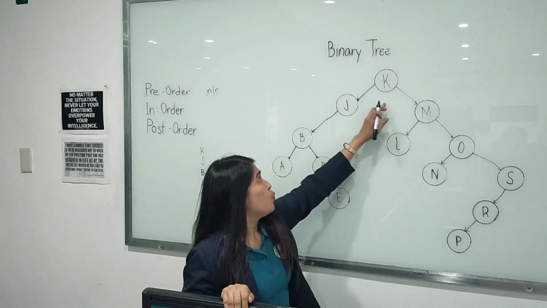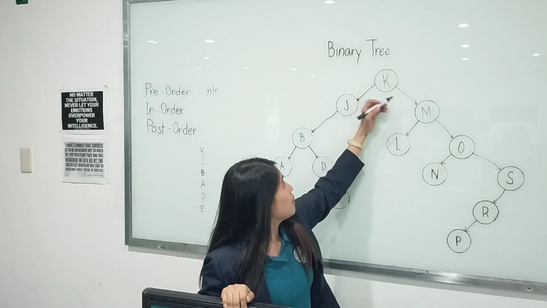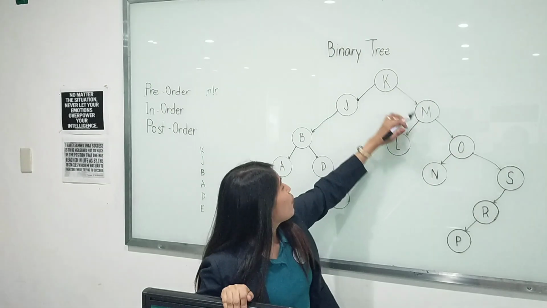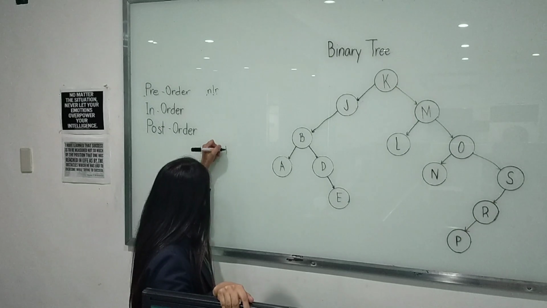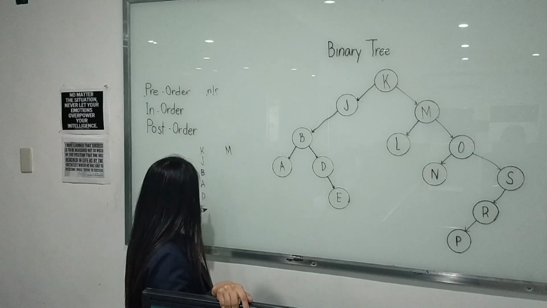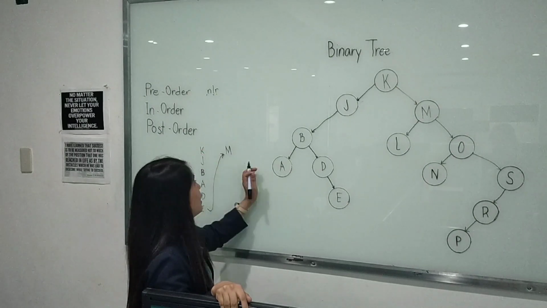And then we will visit the right subtree of the K, so we will go down to the M. So I will print the M. Okay.